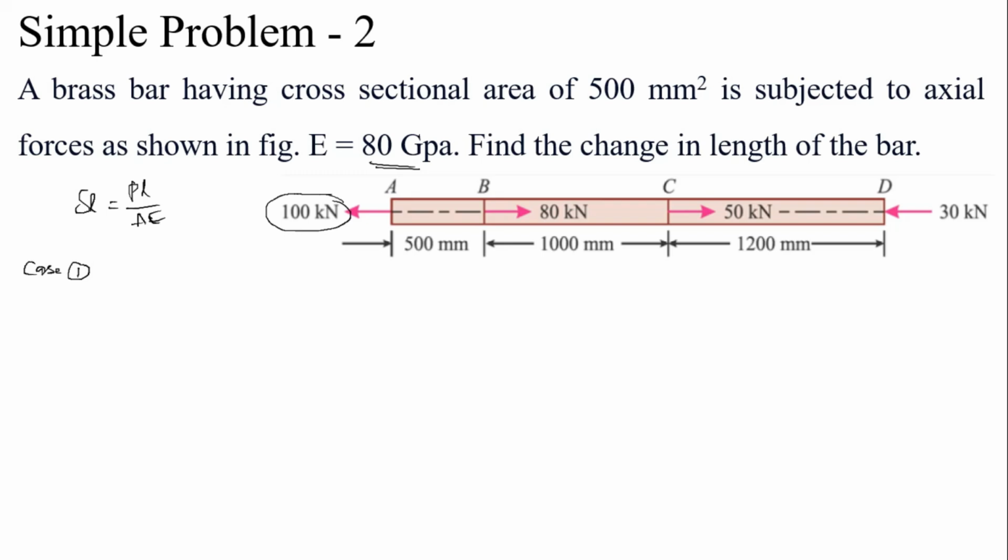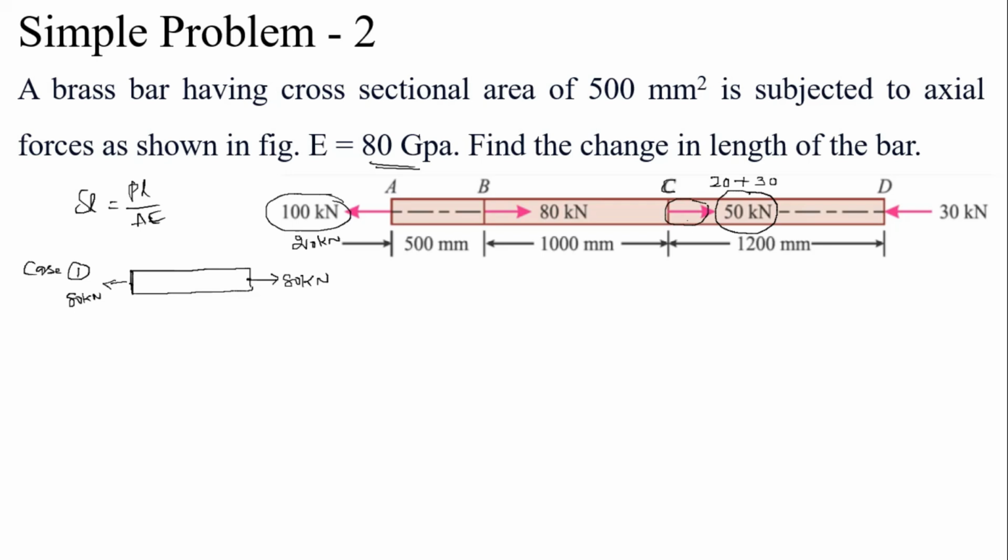Let us take A, B. At point B the force is 80, so we take 80 kilonewton, and the remaining 20 kilonewton is still acting at point A. Now, at point C 50 kilonewton is there. We have to divide 50 into 2, one is 20 plus another one is 30, because at point C this is a compressive force.